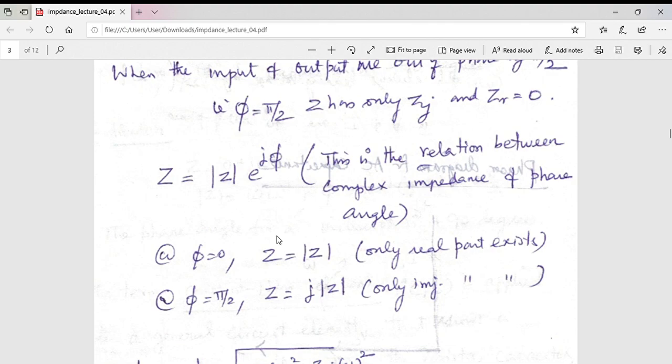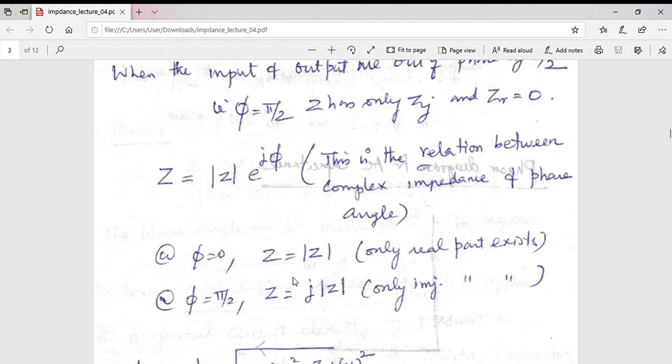So you know that at frequency 0, the impedance will be equal to Z itself. Why? Because at psi equal to 0, it is cos theta plus j sin theta, so the sine component will be 0. So we have only the cos component coming from the circuit.